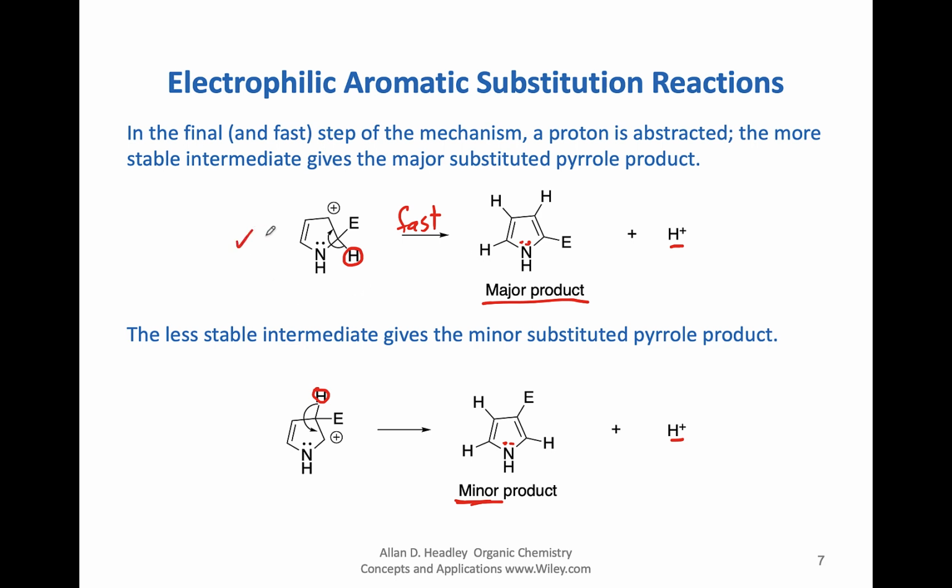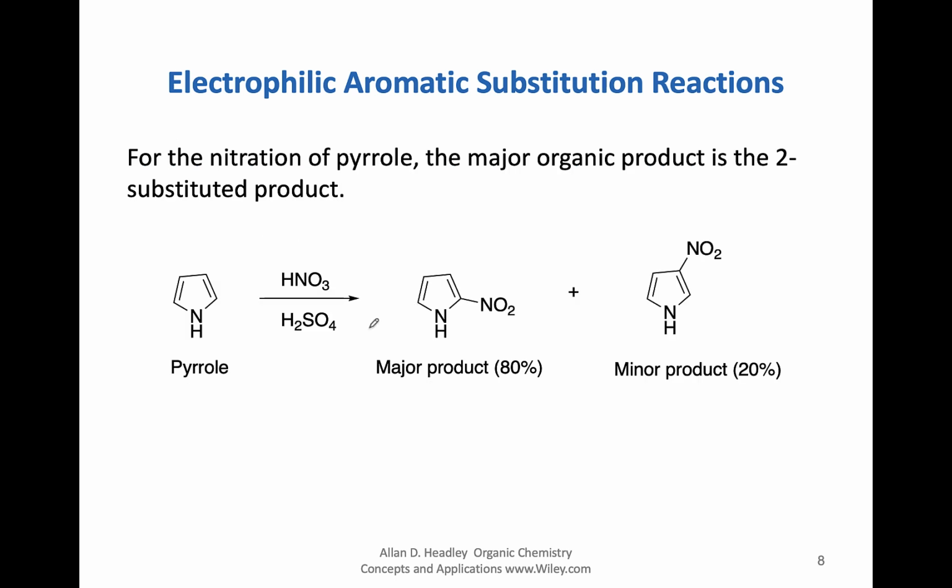So here's a reaction in which we have pyrrole reacting with this set of reagents that you are familiar with. Here's the nitric acid, which will generate NO2+ in the presence of the catalyst H2SO4. So it can add either here or position number 3.